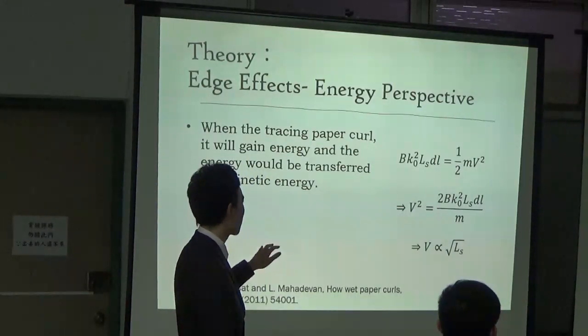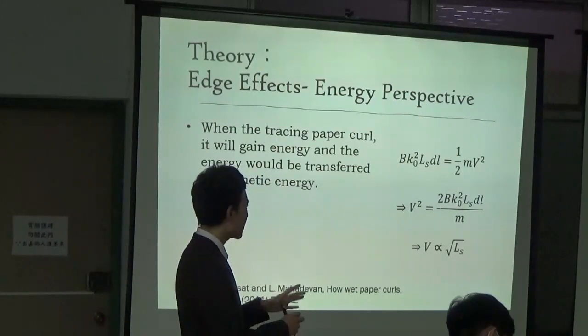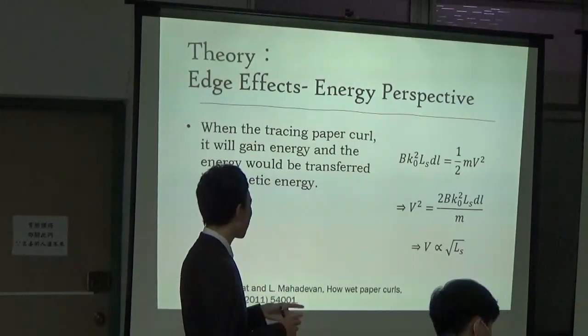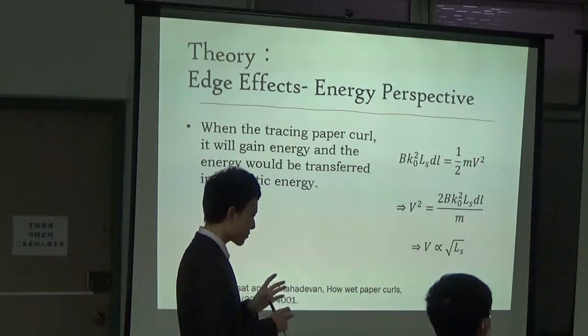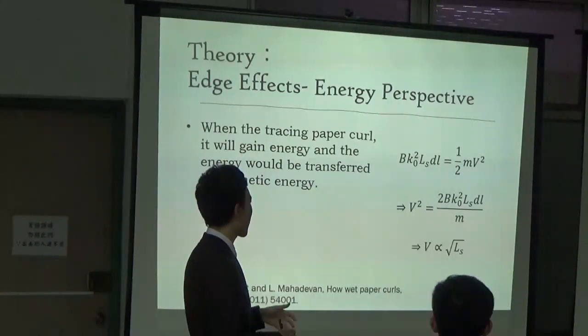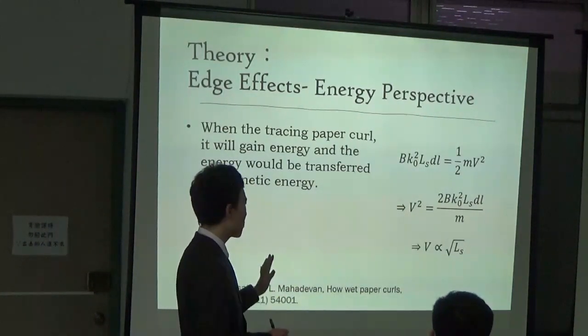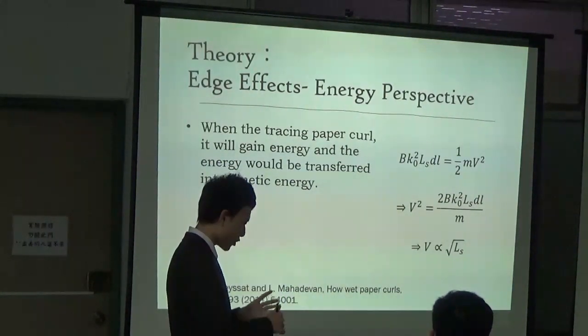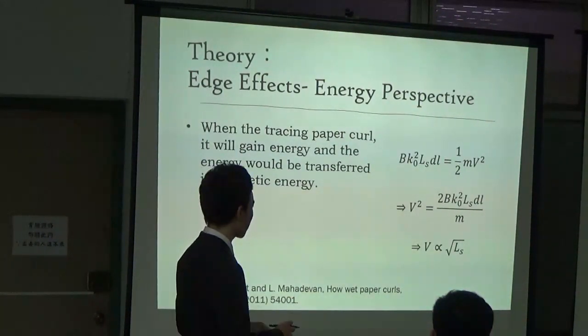On the left of the equation, B is the bending stiffness of the tracing paper, and K0 is the curvature of the tracing paper at that moment, and LS, which I'll be using further on, is the stiff side of the tracing paper. I will talk about what stiff side means in my next slide.